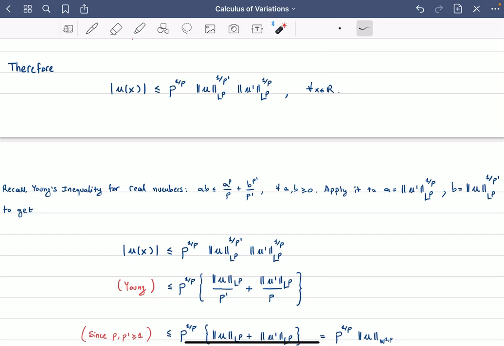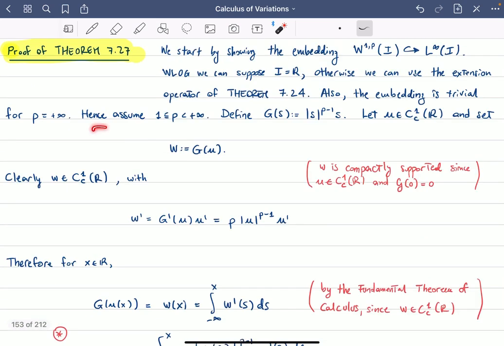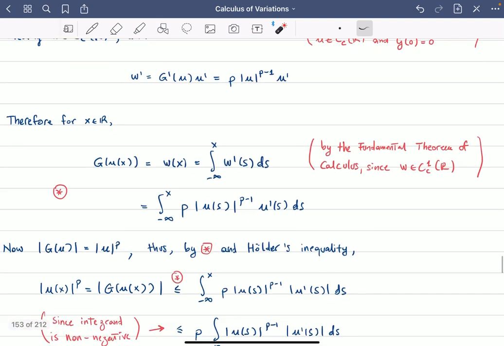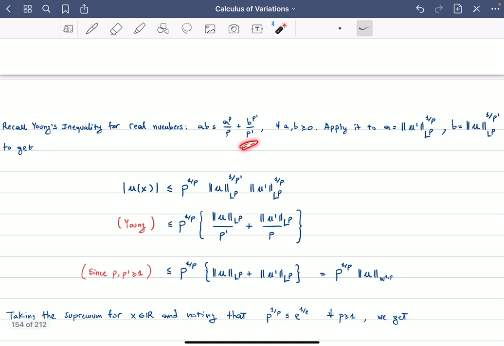And I should mention that these p and p prime are the same exponents we are considering now, of course. So p is the fixed exponent that we've been using here. We're assuming that p is larger or equal than 1 and strictly less than plus infinity. And p prime is the Hölder conjugate.